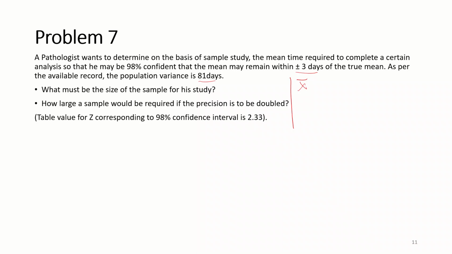We have x minus mu, which is plus minus 3. We have z, which is 2.33, because of 98% confidence, and we have sigma, which is root 81.